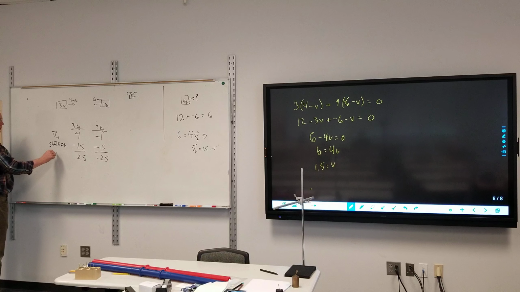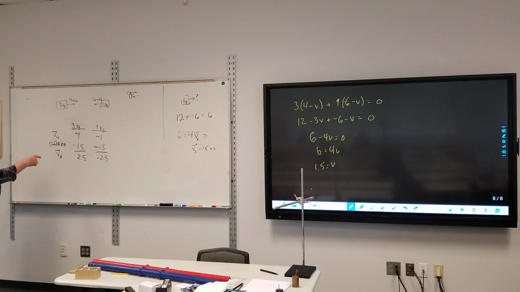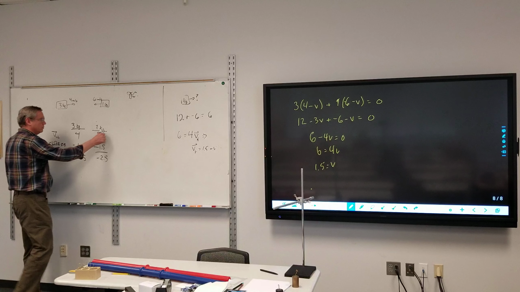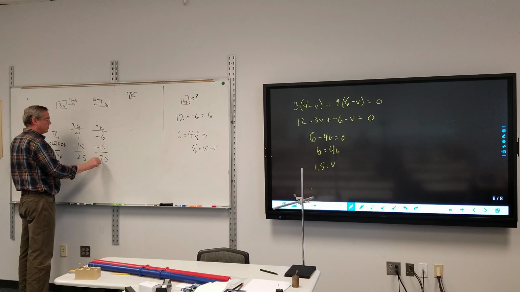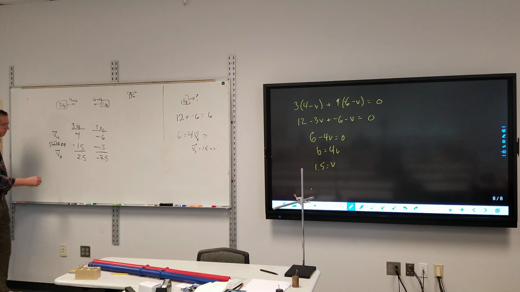So this is the velocity in the zero momentum frame. Something's off here. 4 minus 1.5 is 2.5, and negative 6 minus 1.5, negative 7.5. Thank you.